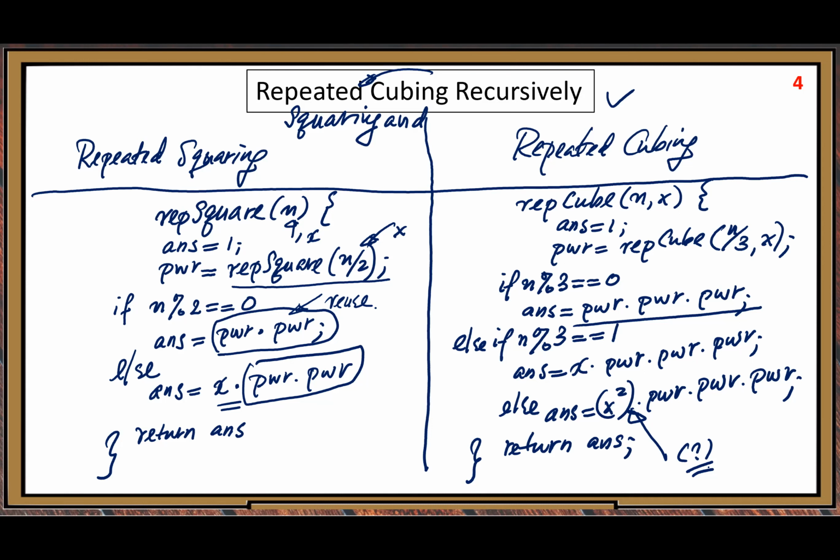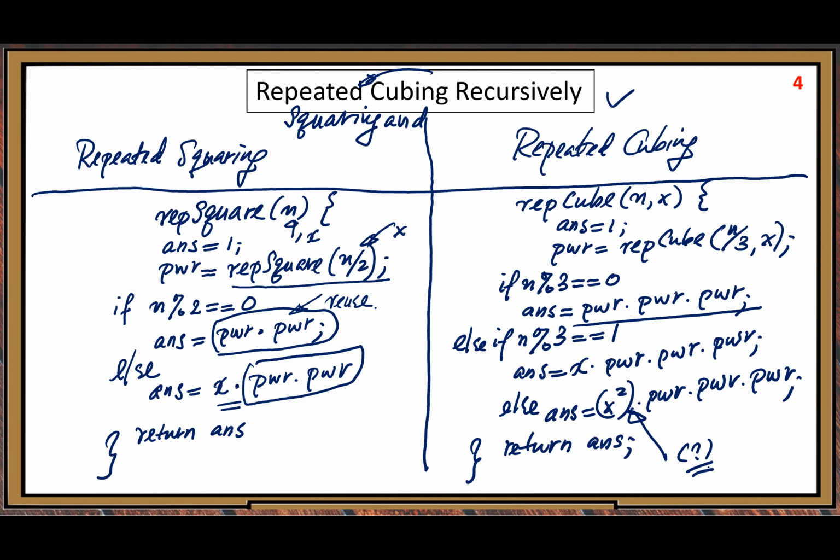That means the saving may not be worth the cost you pay. So you simply do an extra multiplication here, x squared. So that's the recursive implementation.